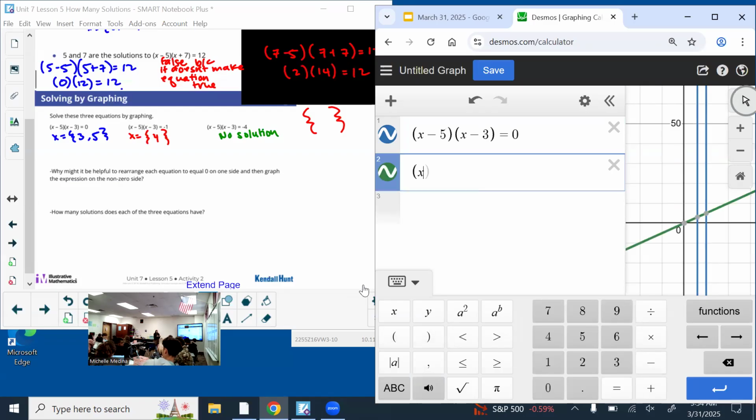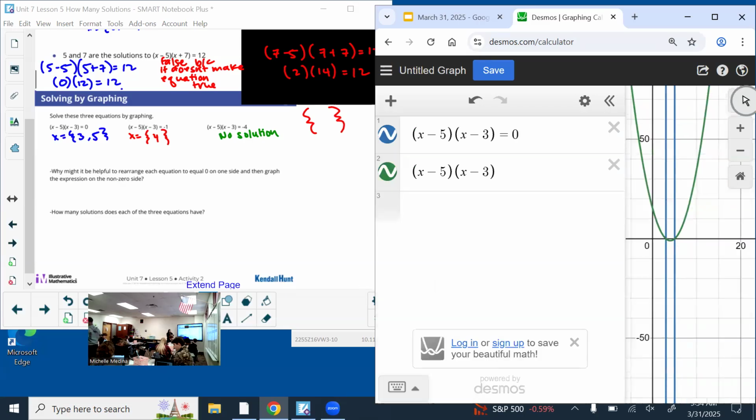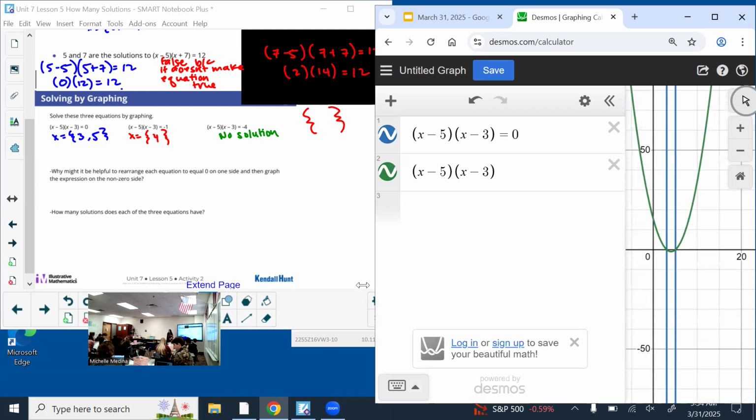But they're saying, why might it be helpful to graph the non-zero side? So here's what it looks like when I graph the non-zero side. So basically this side. Why is that helpful? What is different when I graph the 2? I mean, they're both shown on the screen.